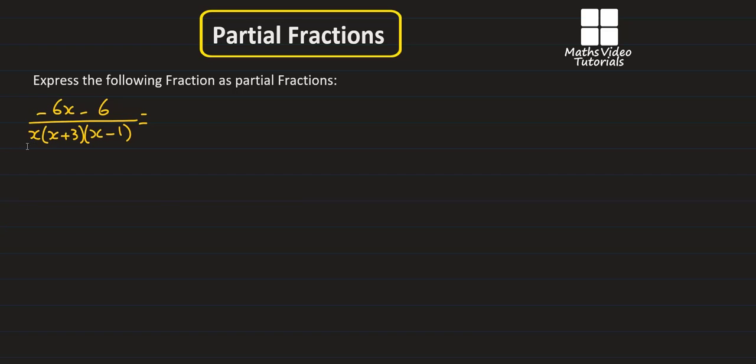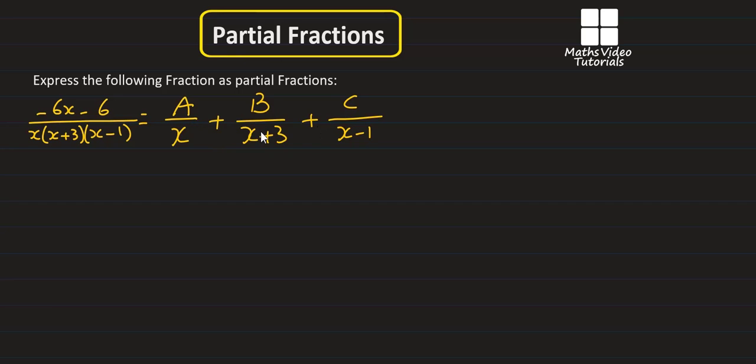The reason is because we have 3 linear factors at the denominator, x, x plus 3, and x minus 1. So we write it down as a over x plus b over x plus 3 and plus c over x minus 1. You notice that I only use the plus sign regardless what it's in here. It's always plus that you use.